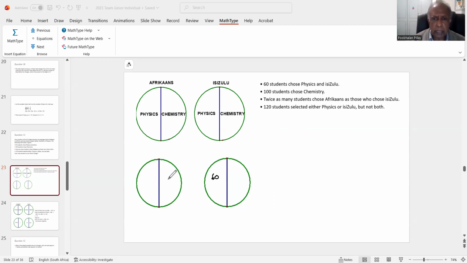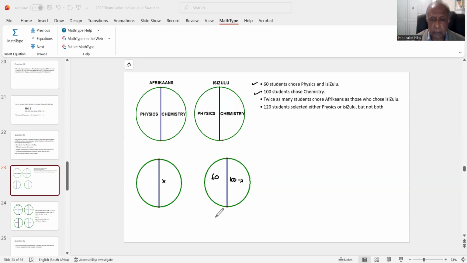And suppose X Afrikaans students chose chemistry, and then there were 100 students altogether, so it's 100 minus X on this side. So altogether, X plus these 100 minus X will be our 100. So we finished with this. Twice as many students chose Afrikaans as those who chose isiZulu. Okay, so how many people chose isiZulu? You can see here, you got 60 plus this.